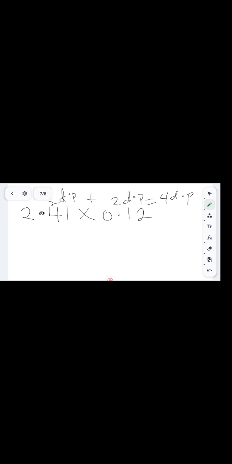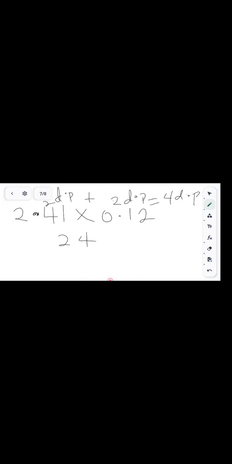Now that I've taken note of the most important thing, which is the decimal places, ignore the points as if they were not given in the first place. So that now turns to 241 times 12. Can you see that?